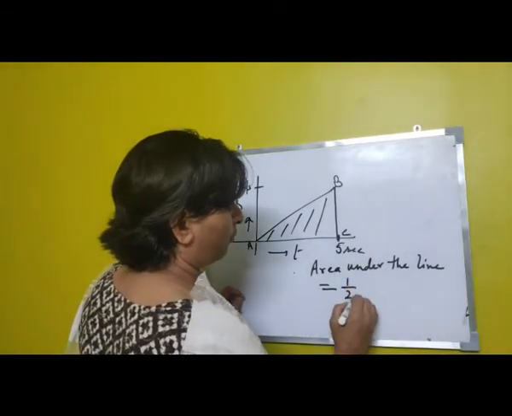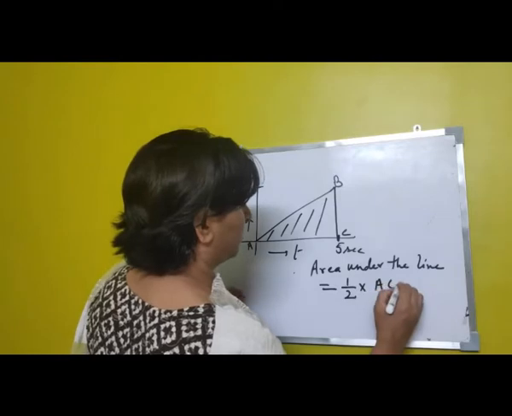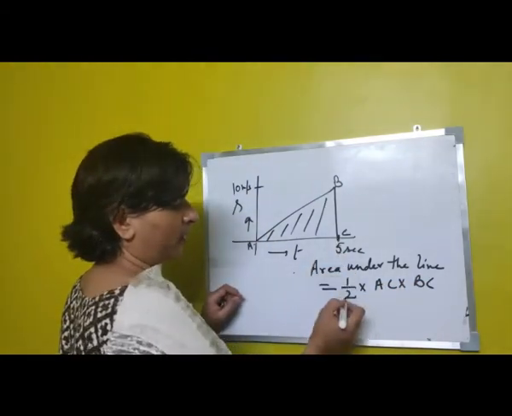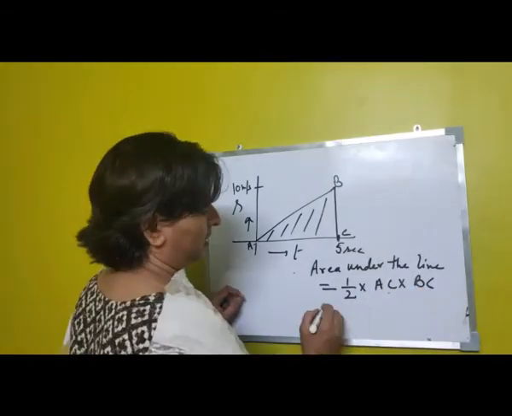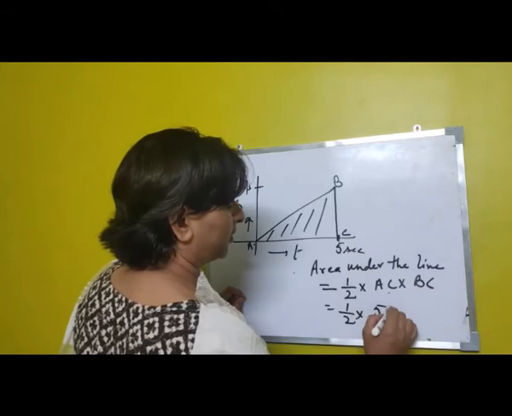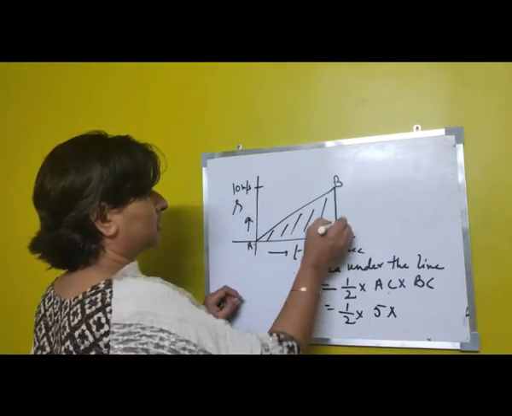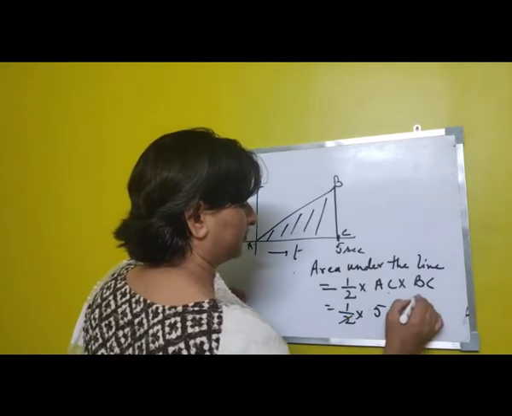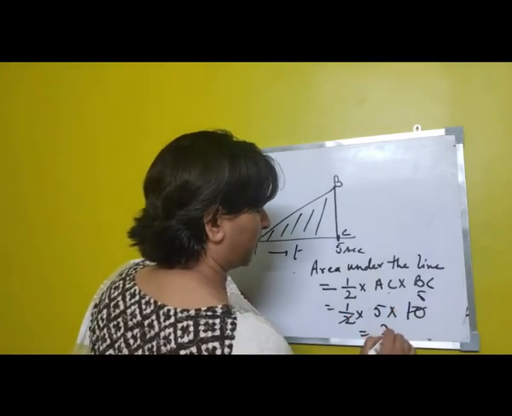It is half of base into height, AC and BC. What is the measure of AC? This measure is say 5, and this measure was BC 10. So I get it as 25.